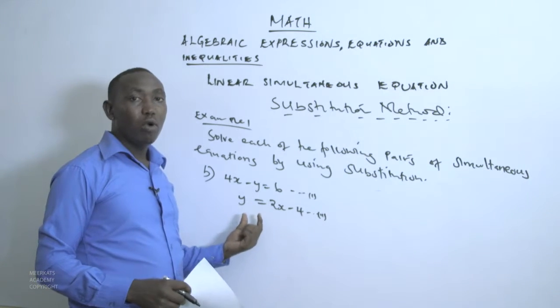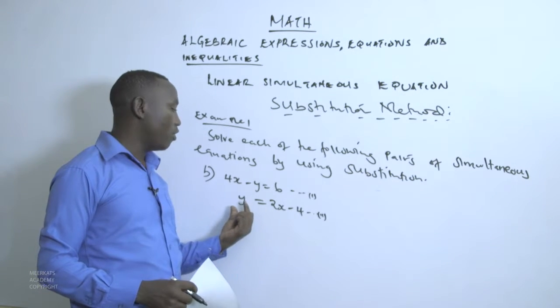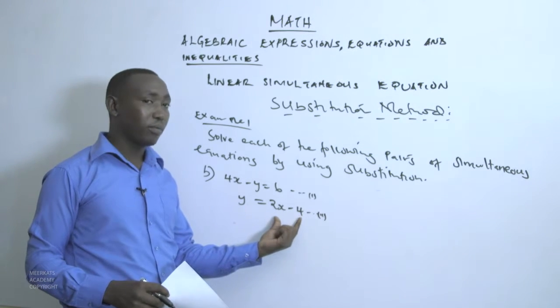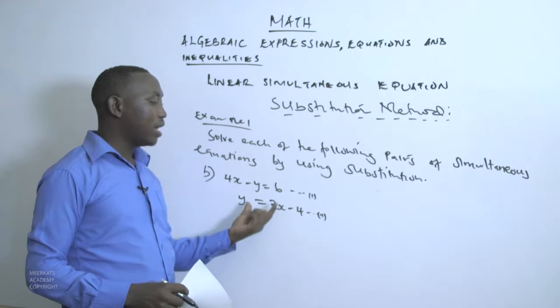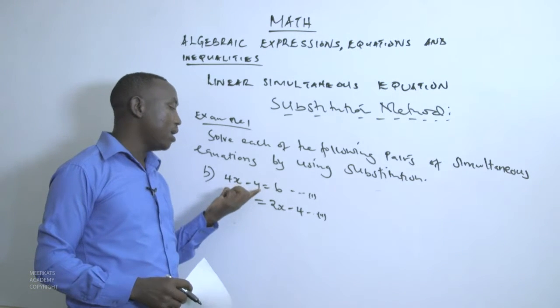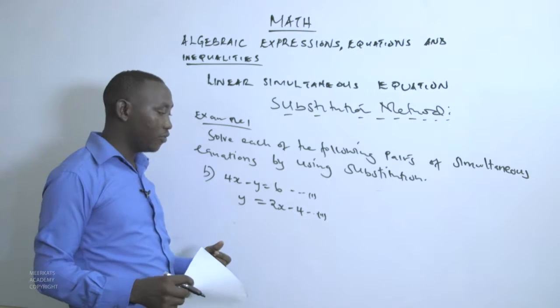In equation 2, y has been written in terms of x, and the value of y in terms of x is 2x minus 4. We therefore need to go ahead and replace where there is y in the first equation with 2x minus 4.